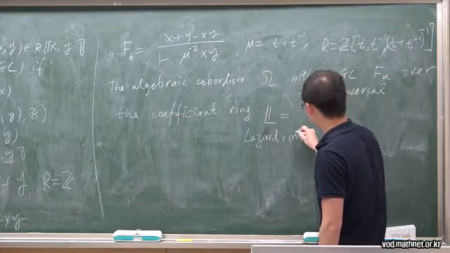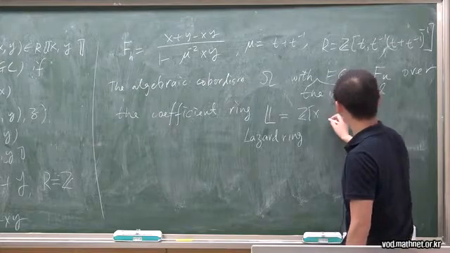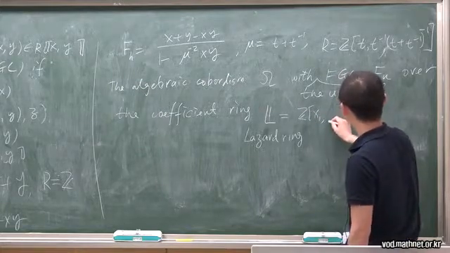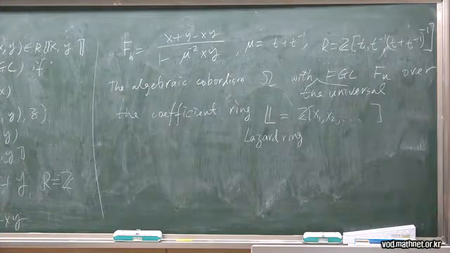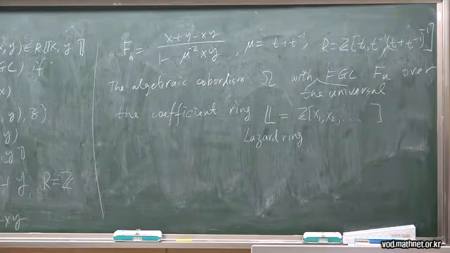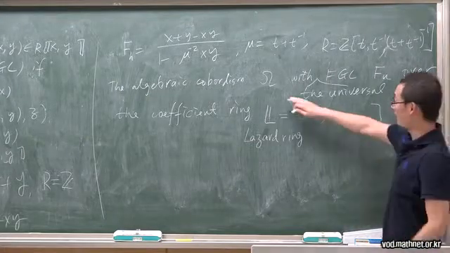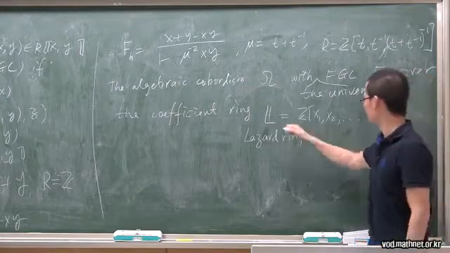That's a ring with this explicit structure, that is Z with a countable number of variables, but infinite. Okay, so that's a polynomial ring, but with an infinite number of variables. So the algebraic cobordism determines this universal formal group law over this coefficient ring.